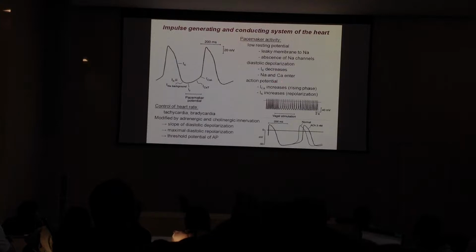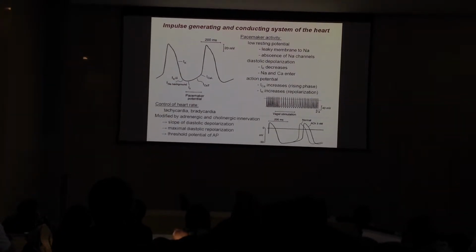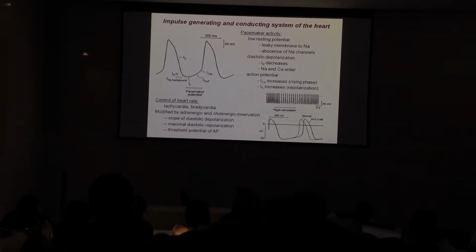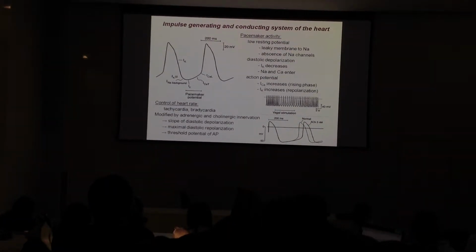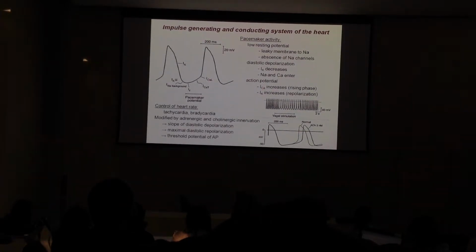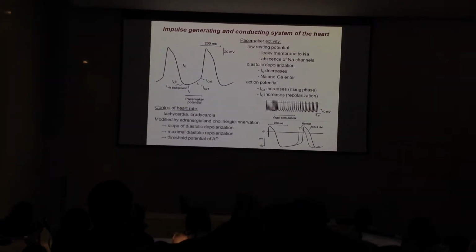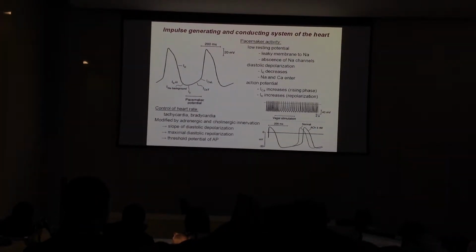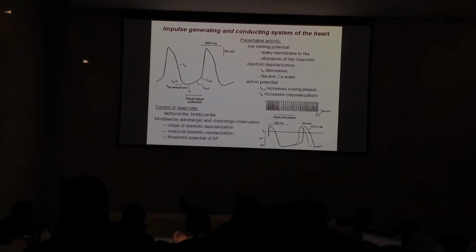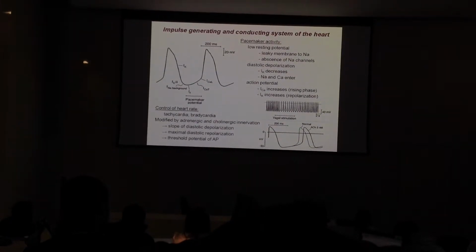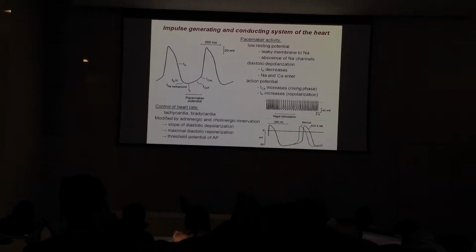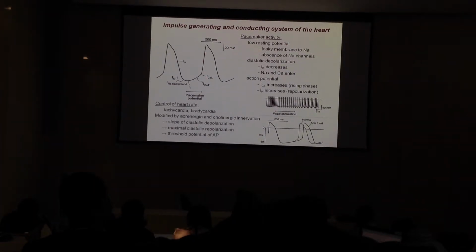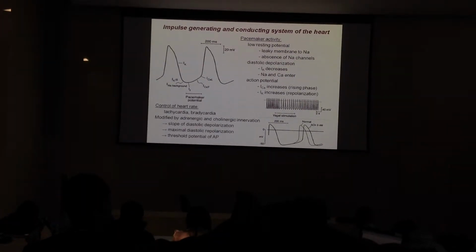What is characteristic of the pacemaker action potential? There is a slow rising phase. It is slow because the depolarization is the result of the increase of calcium conductance, calcium permeability, the opening of calcium channels. And because these channels have slower kinetics compared to the fast sodium channels, therefore the rising phase is slower.